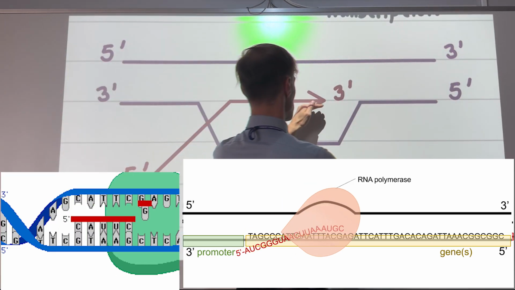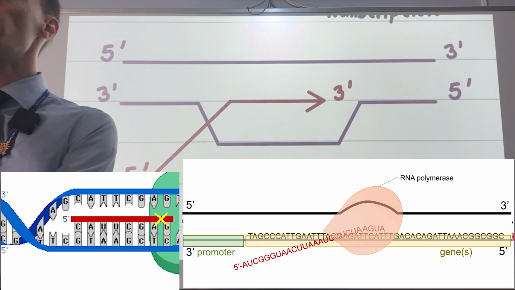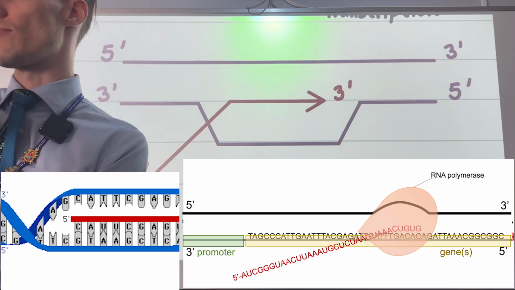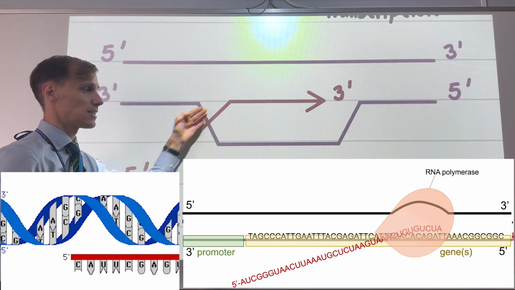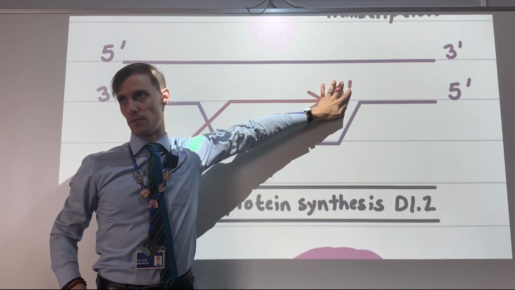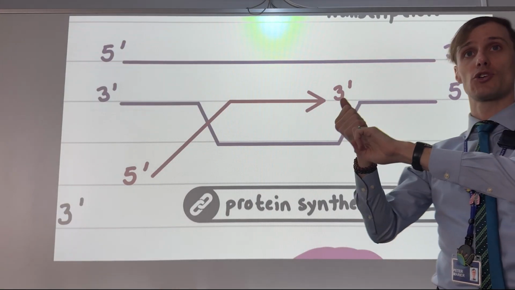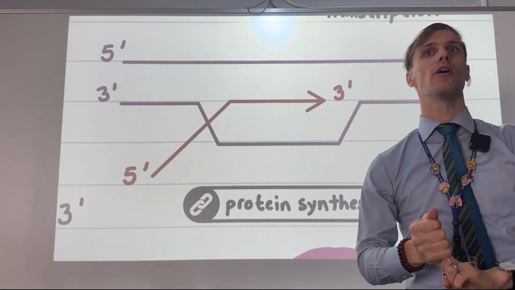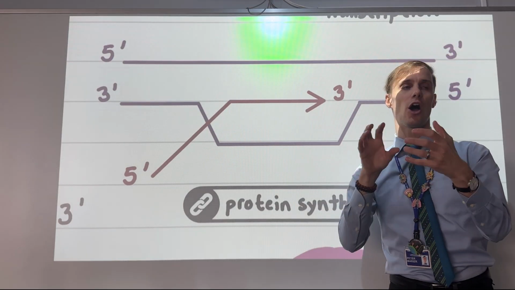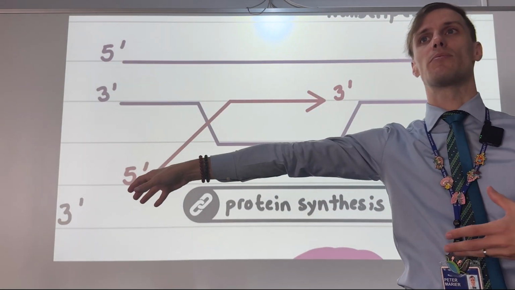So this means that this new mRNA is going to link a new RNA nucleotide to the 3' end, 3' end, 3' end, which means that the process is occurring in a 5' to 3' direction. So both DNA replication and transcription occur in the 5' to 3' direction because the enzymes are linking a new nucleotide to the 3' end of the previous nucleotide.